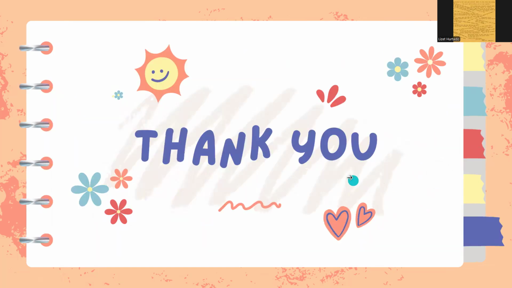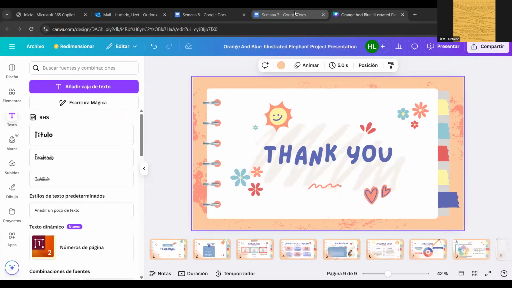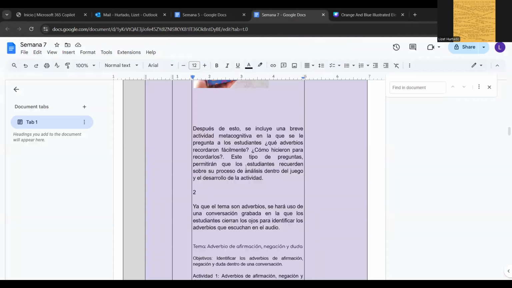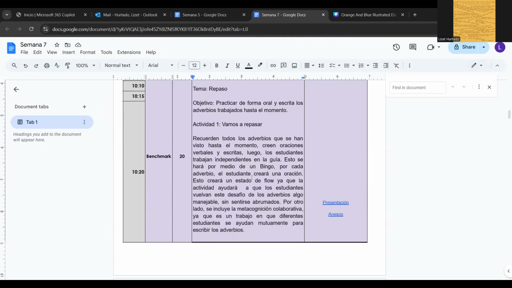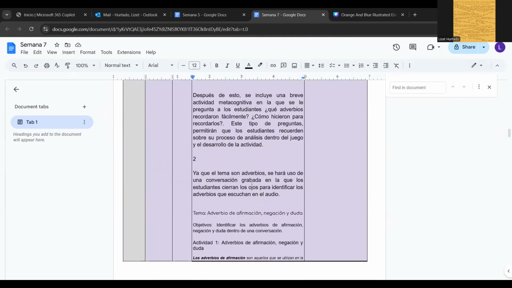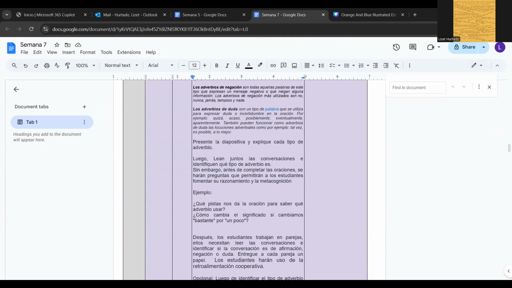So this is now for the lesson in here. I will show the way these teachers plan. So, for example, in here, we try to include questions that will help the students, in this metacognitive process, to analyze in a better way.